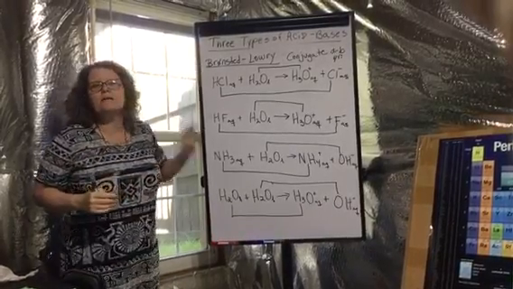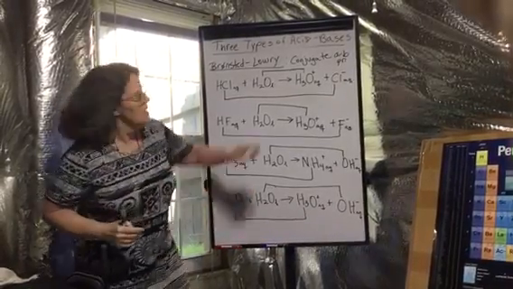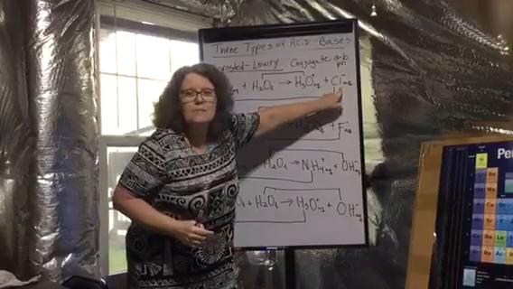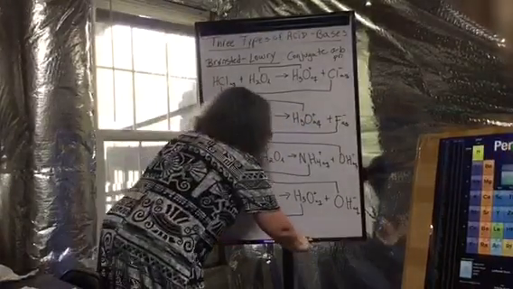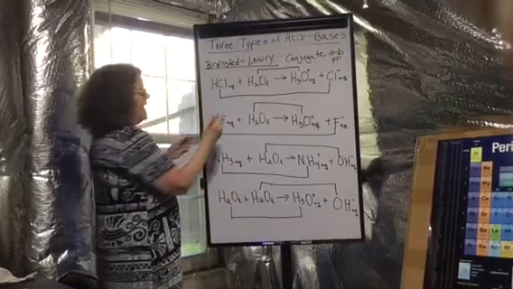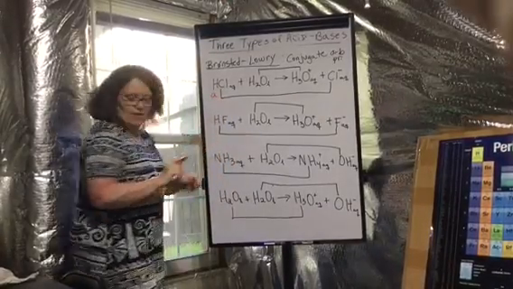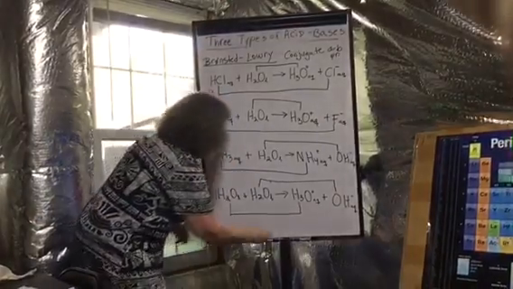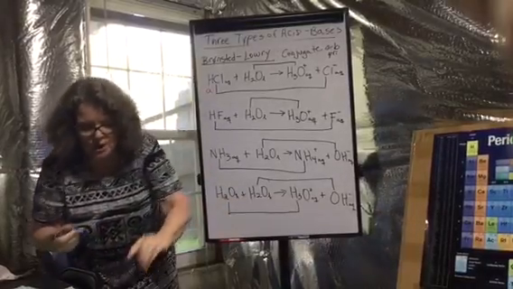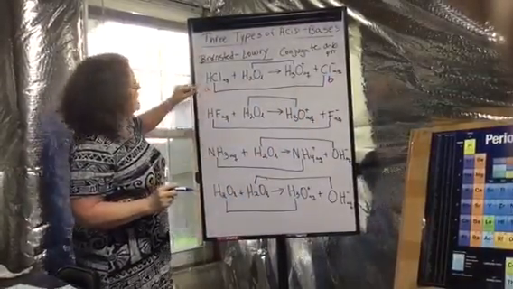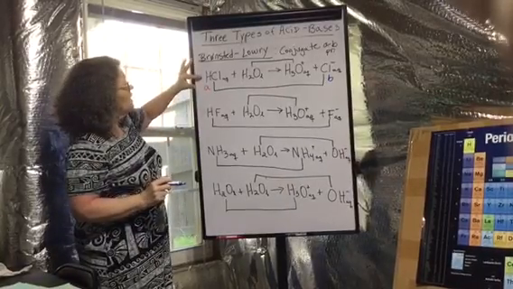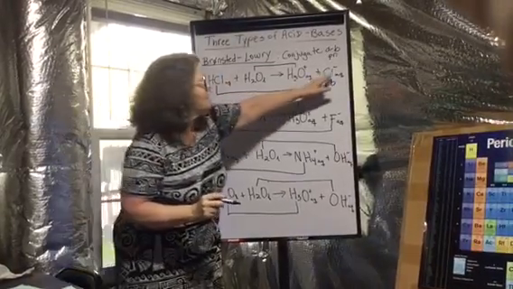The moment it gives it up, it's no longer an acid. So this can accept a hydrogen or a proton. So how do we identify them? The acid can donate a proton. The base can accept. So the conjugate acid-base pair is hydrochloric acid and the chloride ion.